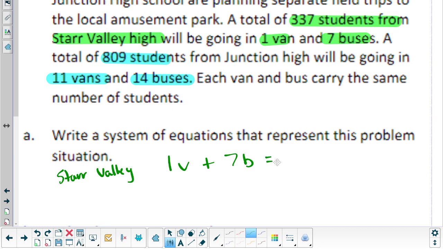And 1 van and 7 buses are taking a total of 337 students, right? I've used all my highlighted numbers, and I've made an equation, okay? I can use the same logic for the second one. They're taking 11 vans this time and 14 buses, but they're taking more students. They're taking 809, okay?